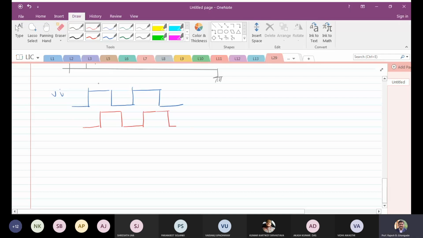Okay, this is exact 90 degrees phase shift, phi. Okay. So in that case, what will be the output? Tell me. The output will be something like this. Agreed?